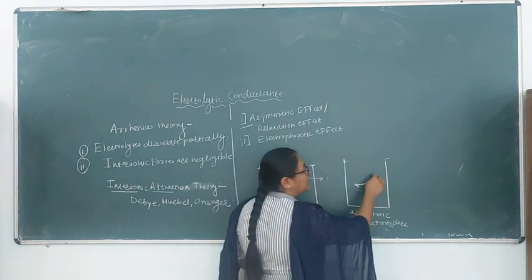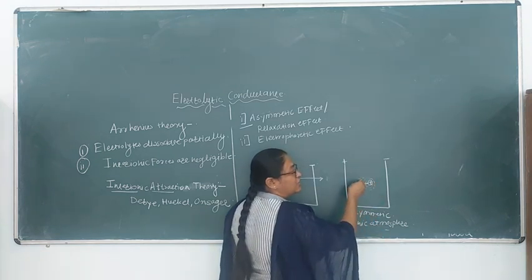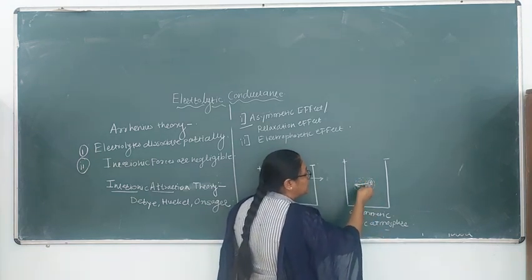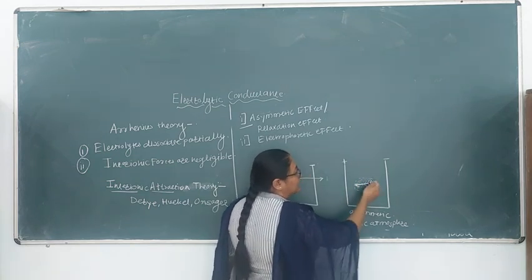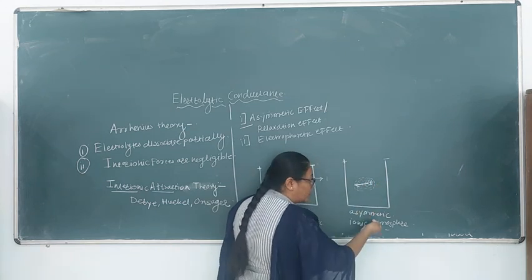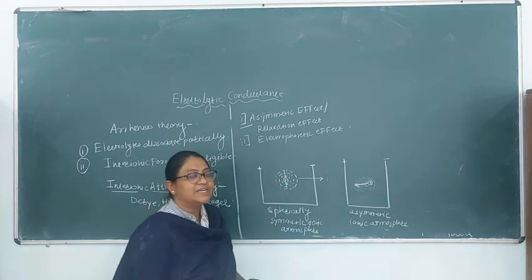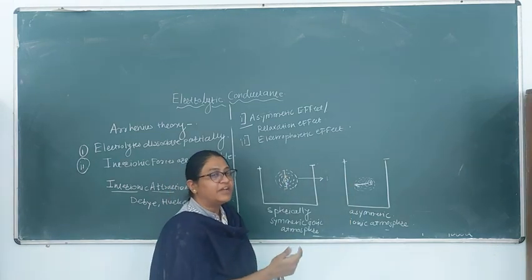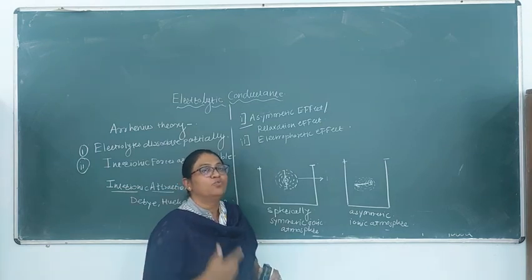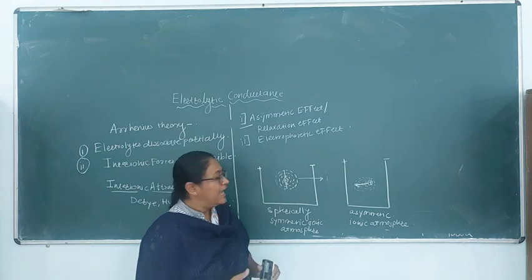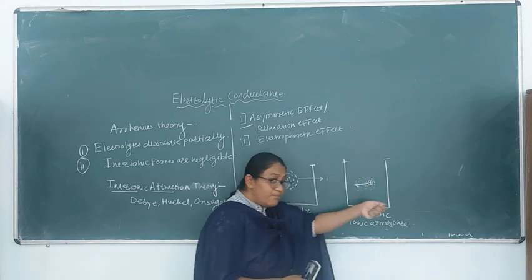Very small negative charge is present on the front side, while a greater density of negative charge is present on the back side, and therefore these negative charges will attract this positive charge more than the front charges. The result is that this positive ion will be attracted with more force in the backward direction, and this affects its movement or velocity, as the ion is moving in this direction while it is pulled in the backward direction.